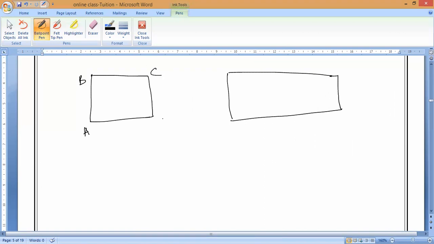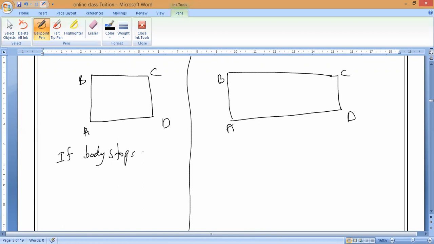A, B, C, D. So now this is also A, B, C, D. If the body is traveling in this kind of path and stops at point B, starting from A, then displacement is equal to AB.